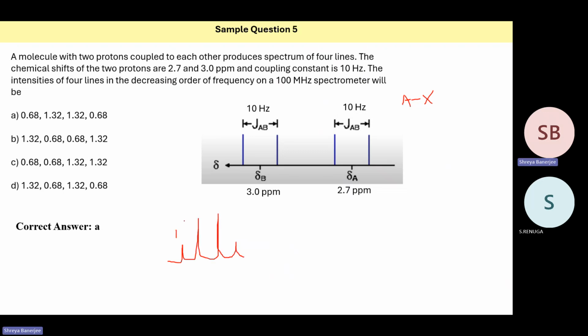I'll call this 1, 2, 3, and 4, where inner line has increased in intensity, outer line has decreased in intensity. In that case, it only matches with option A, where you can see 1 and 4 have lower intensity, and 2 and 3 have higher intensity. So it can only be option A.